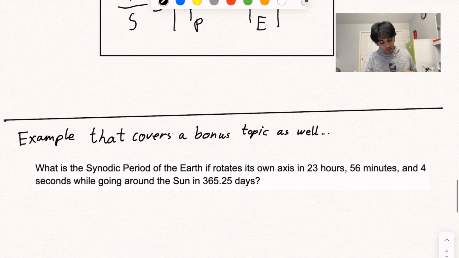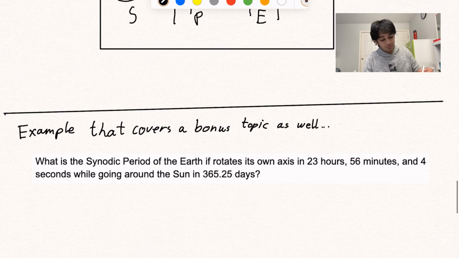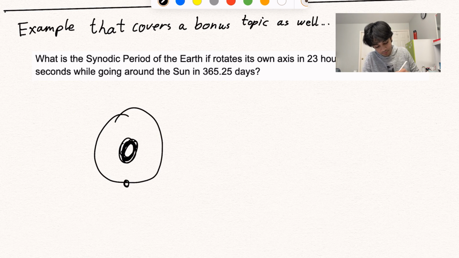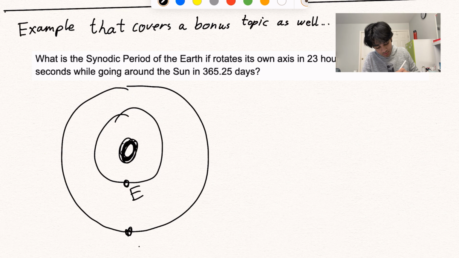So this one will also cover a bonus topic, but before we get to this problem, let me just draw a scenario. So one more time, if we have the sun here, and we have maybe the Earth over here, and let's say we have Mars over here. Obviously, Earth and Mars are rotating at different speeds, right?